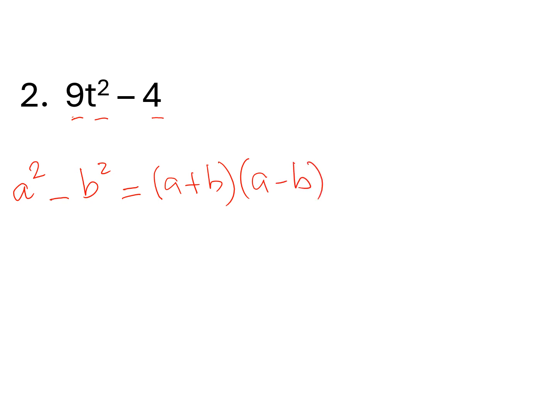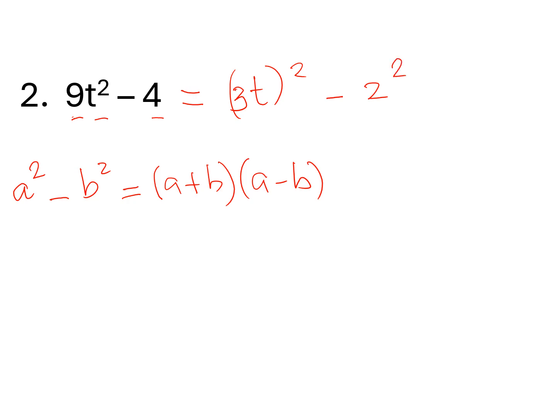Okay, so in this case, 9t squared is the square of 3t, and 4 is the square of 2. So we can write the expression as 3t squared minus 2 squared.